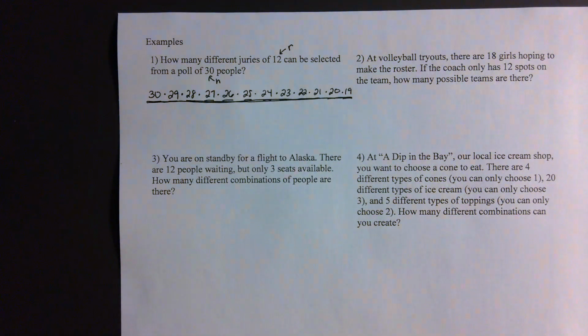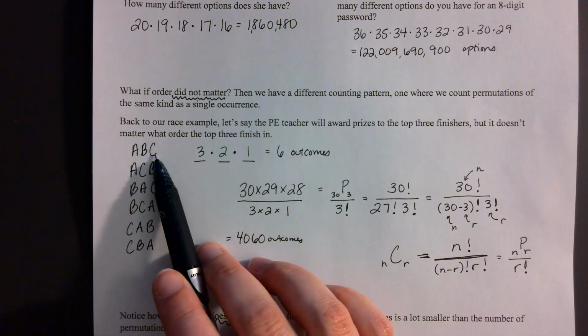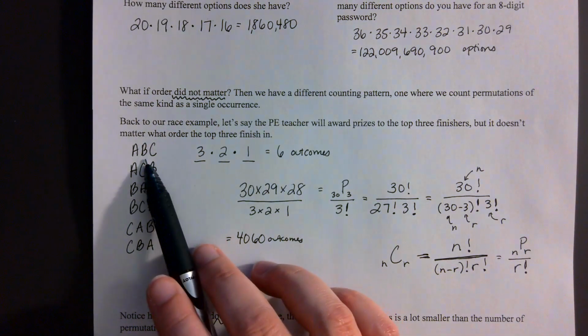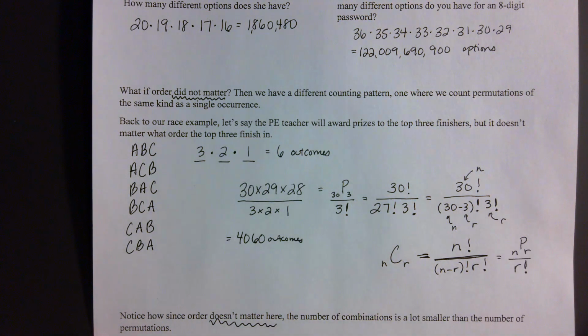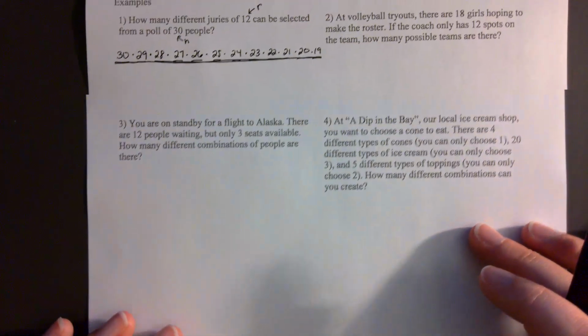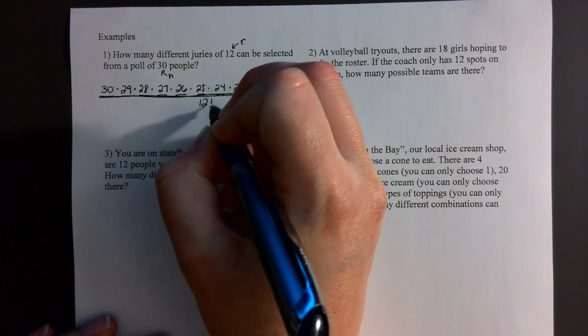So you have to eliminate your repeats, and your repeats come from your R. Just like when we had 3 positions, each position is going to be repeated 3 factorial ways. So to eliminate our repeats, all we're going to do is divide by 12 factorial.